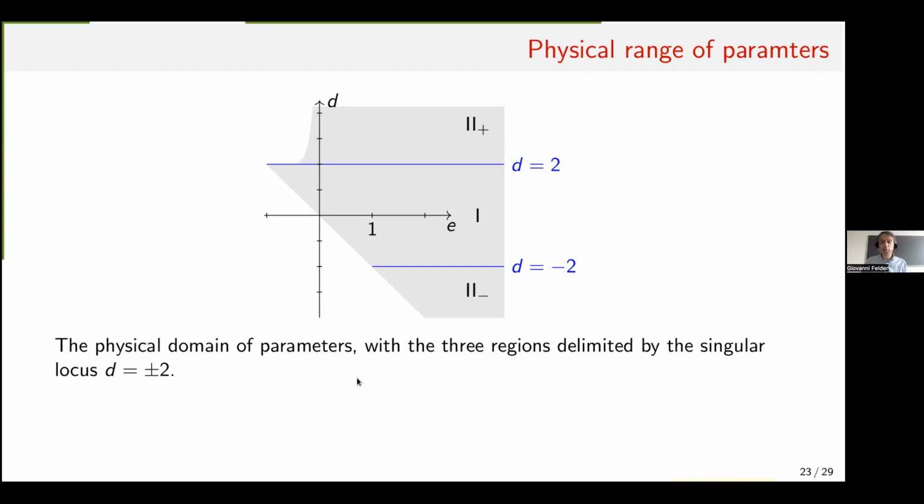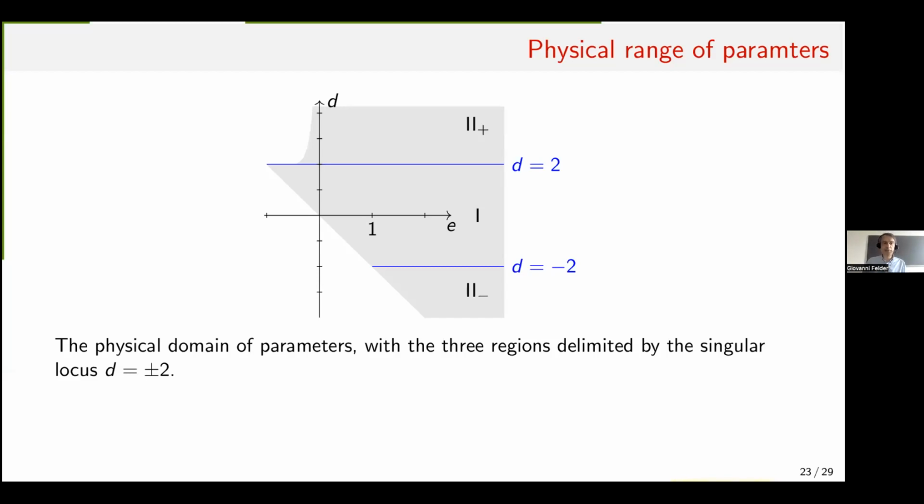The blue lines D equal to 2 and D equal to minus 2, and also this boundary region on the upper left, are the regions where the elliptic curve becomes singular, so it develops a node or something. And then we have these three connected regions delimited by this singular locus, D equal to 2 and D equal to minus 2.